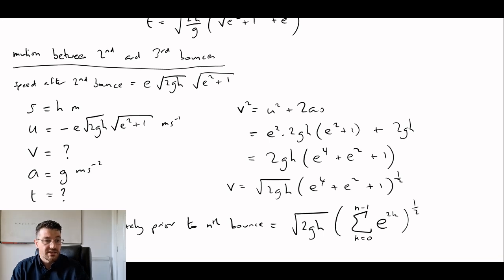So this was the speed immediately prior to the third bounce. Okay, that is my hypothesis. This is me taking a bit of a guess at what I think the general formula is going to be for the speed immediately prior to the nth bounce.